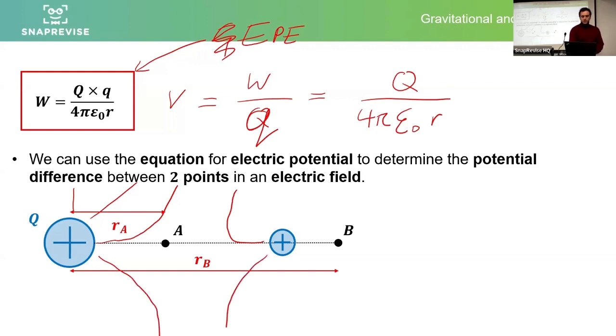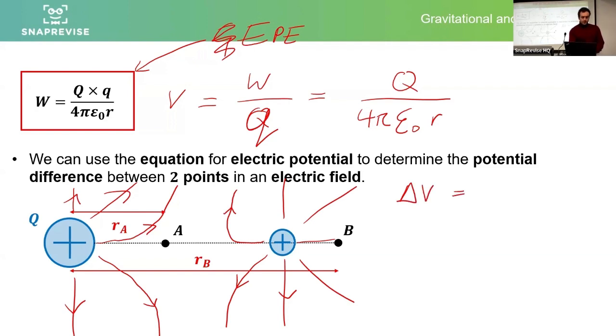Something like that, with all the arrows going away from my positive charges. So the potential difference is just the difference in potentials between VA and VB. So how much work am I going to need to put in per unit charge to move a little positive test charge from A to B?